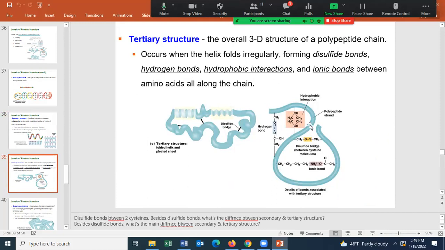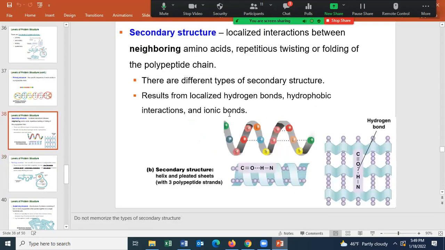Any question about that? And what are the amino acid interactions? They can be the same you see in the secondary structure. They can be hydrogen bonds forming between two polar amino acids. They can be non-polar and a polar repulsion, or they can be ionic attraction.